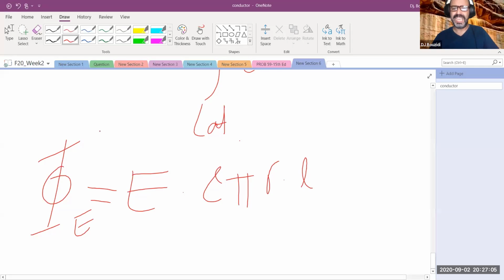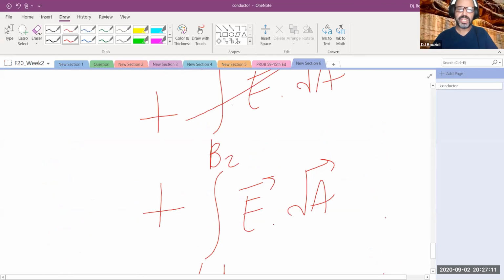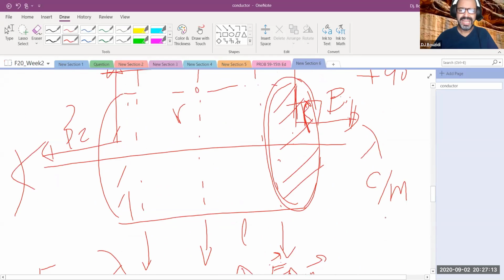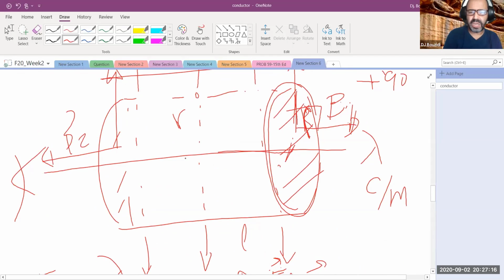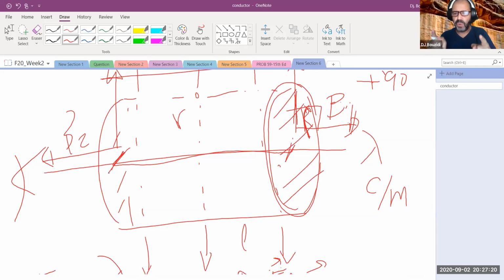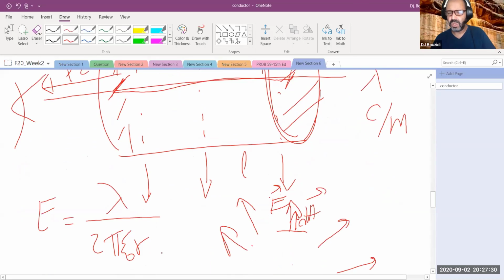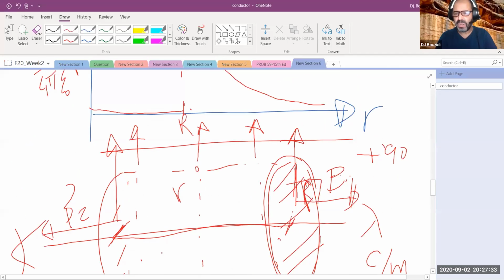Let's find the charge enclosed divided by epsilon naught. The charge enclosed is in this area only. We took an L length and we have lambda coulombs per length. So in this case, the charge enclosed should be lambda times the length. We don't care about the other sides.